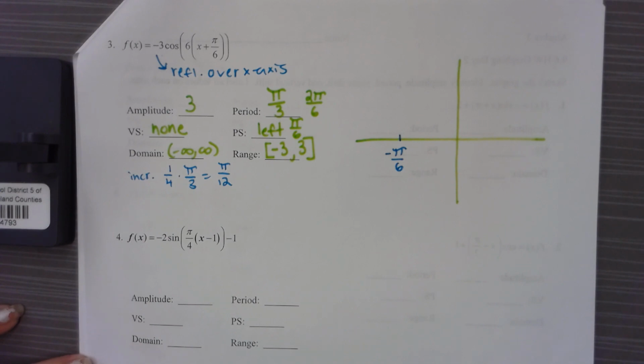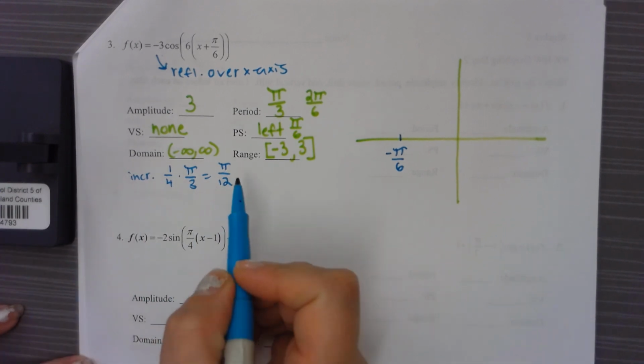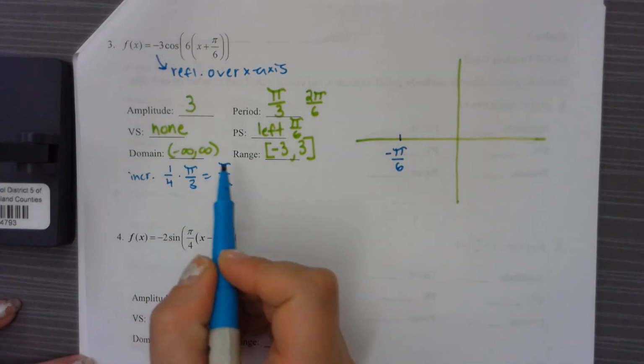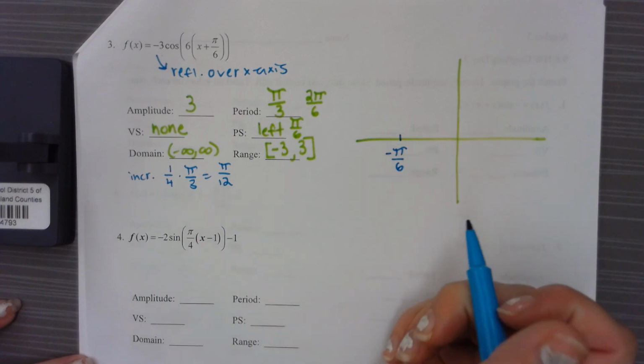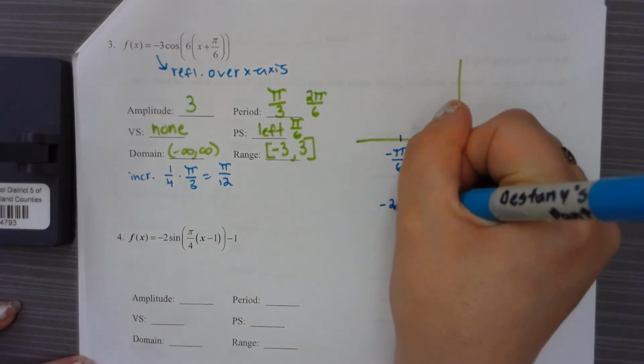Okay. So, I need to increase by pi over 12 each time. Does that make sense? So how can I rewrite negative pi over 6 with a denominator of 12? Negative 2 pi over 12, right?